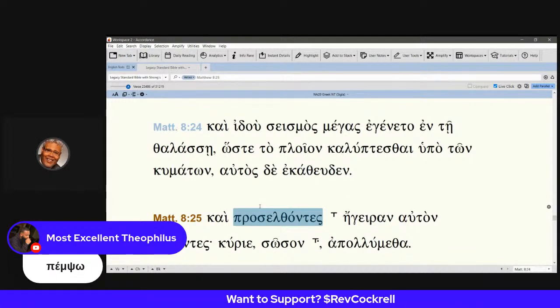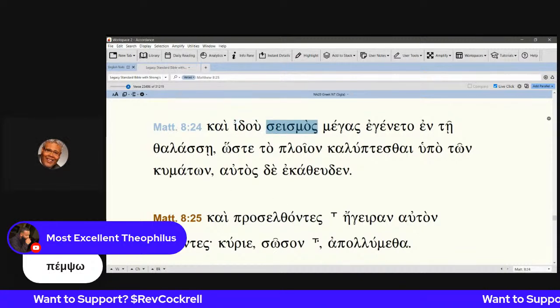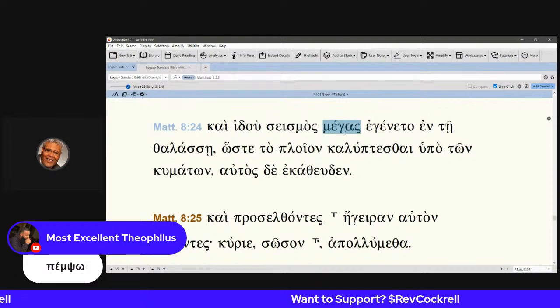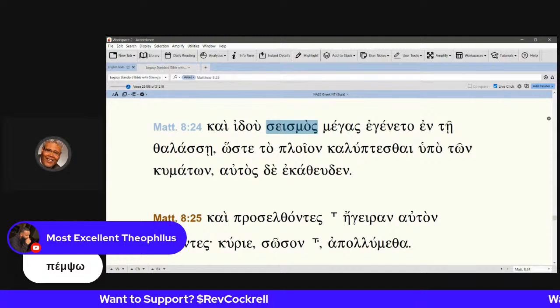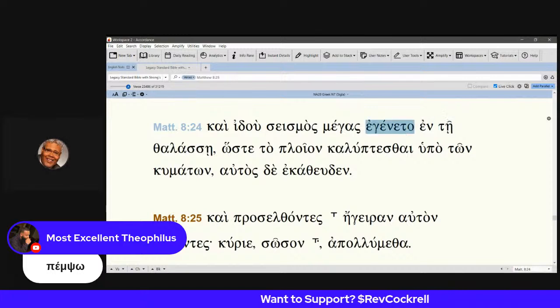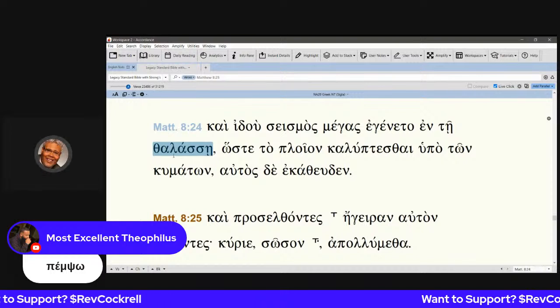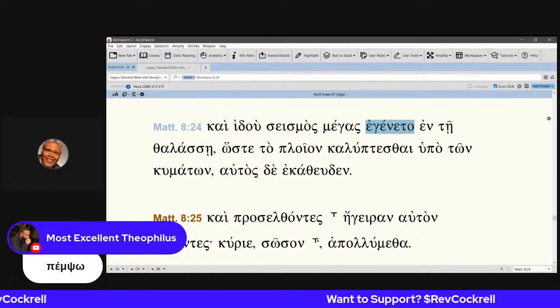So, verse 24, and behold, a seismos megas, a great storm, from which we get seismology, shaking. A violent storm came up on the sea, in the thalassa, the sea. A violent storm came into being or developed on the sea.